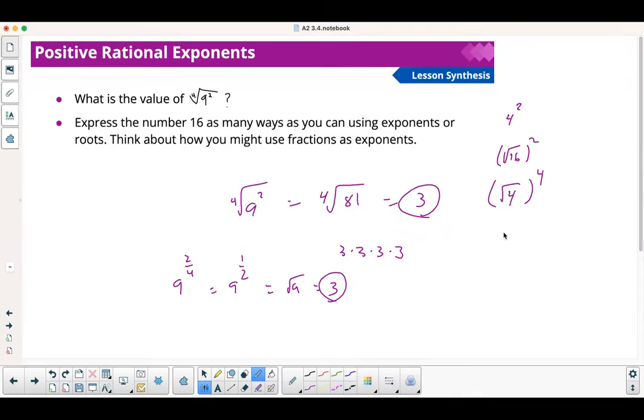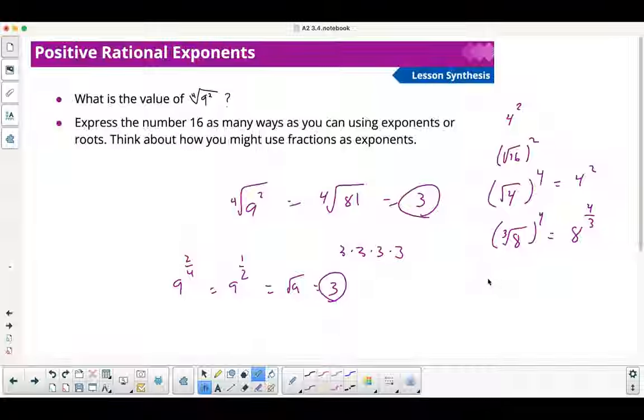Let's see here. What if I did the cubed root of 8? That would get me to 2, and then I take it to the 4th power. So that's also going to be the same as saying power of 4 root of 3, so 8 to the 4/3. This is going to be actually the same. Well, this is going to be 4 squared because it'd be 4 over 2, which I already have.